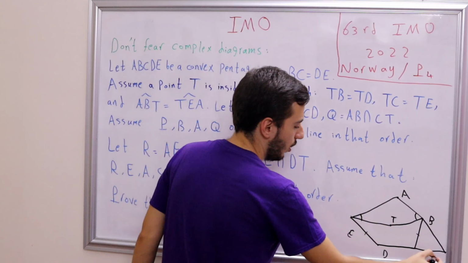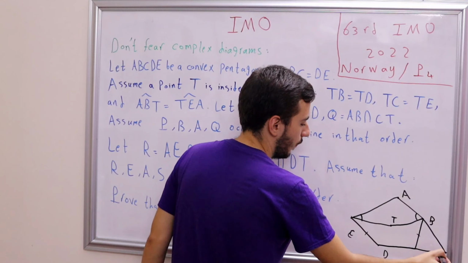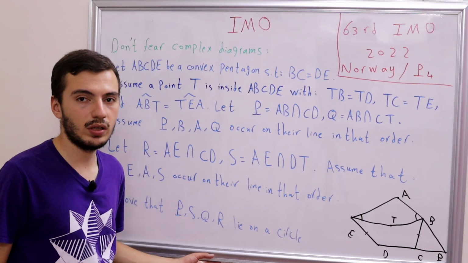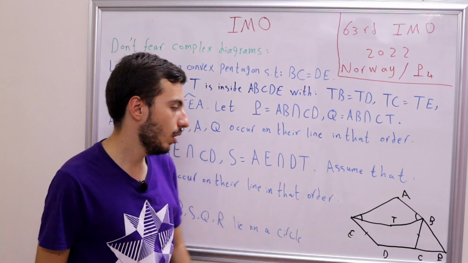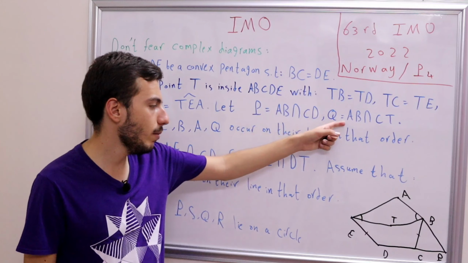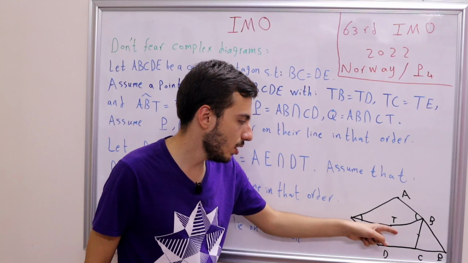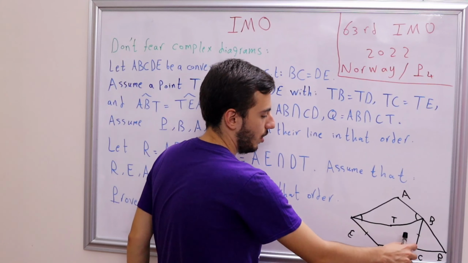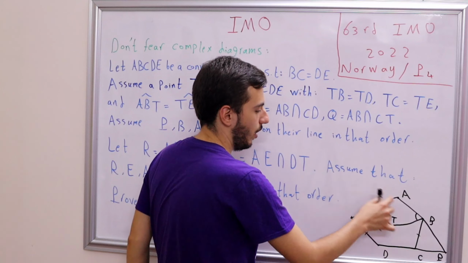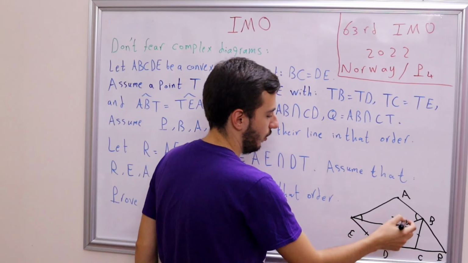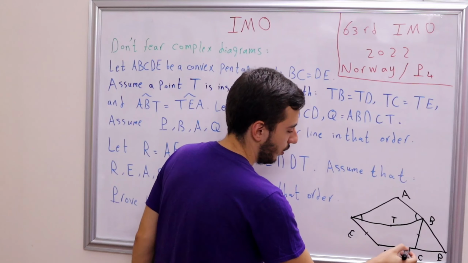So this is point P. Next, we need to intersect AB with CT. So clearly this will be somewhere here.